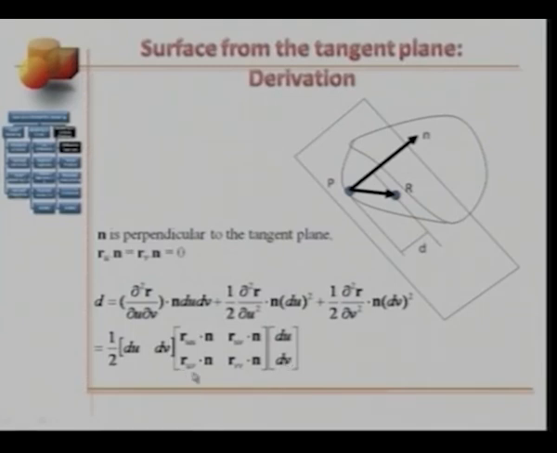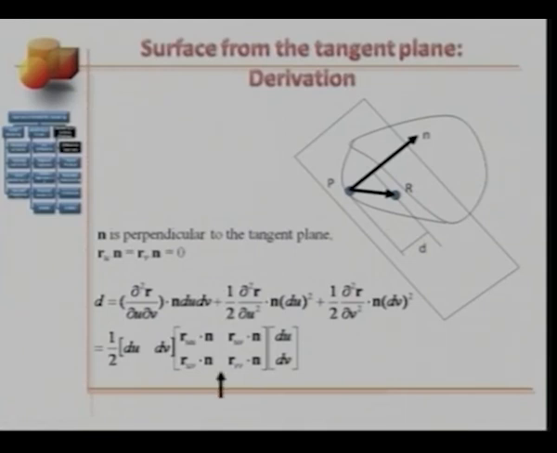Coming back to this 2 by 2 matrix, the constituents are r uu dotted with n, r uv dotted with n, r uv dotted with n, r vv dotted with n. This is the second derivative of r with respect to u, the mixed second derivative of r with respect to u and v, the same here, and the second derivative of r with respect to parameter v.